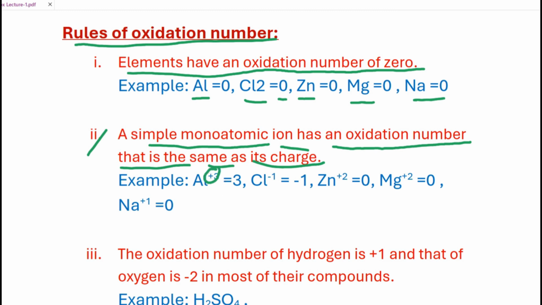Aluminium 3 plus, oxidation number will be +3. Chloride -1, zinc 2 plus, this will be +2. Magnesium 2 plus, this will be +2. Sodium +1, oxidation number will be +1.